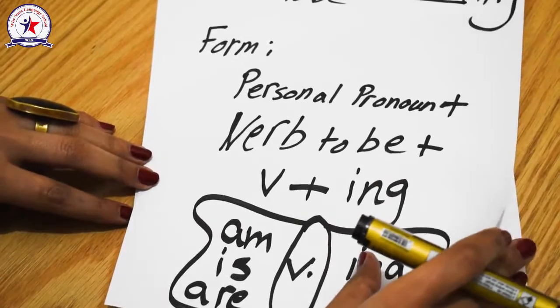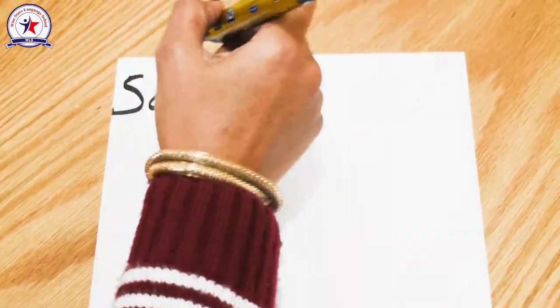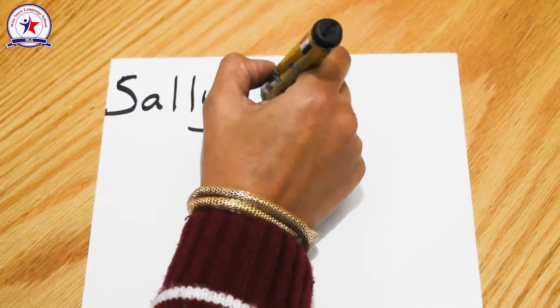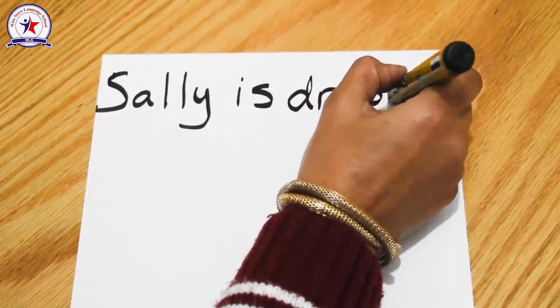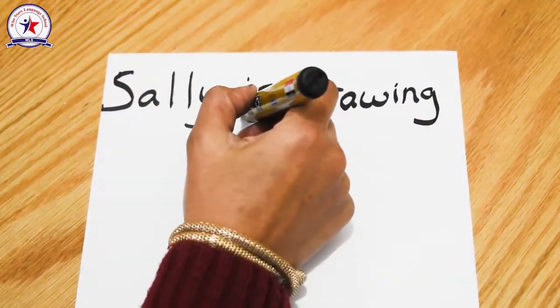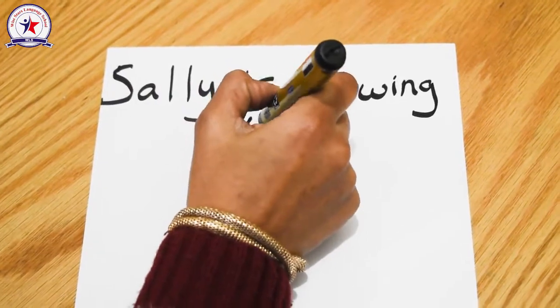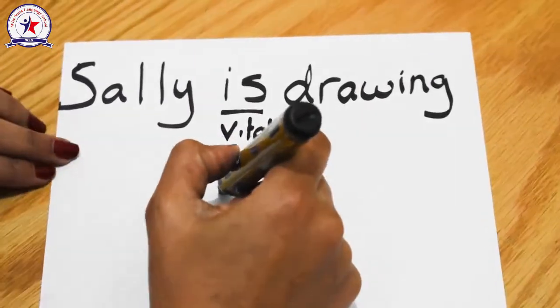So, let's have another example. If I say Sally is drawing. So, is is the verb to be. This is the first wing of our butterfly.